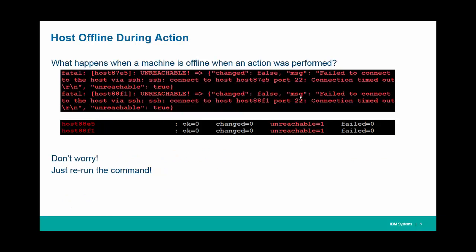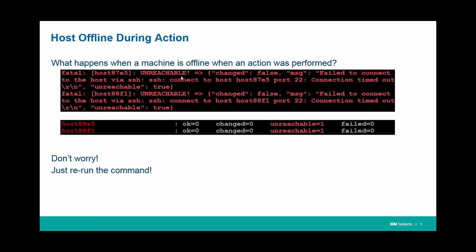Okay, so I'm going to run through different scenarios. Here's the first one that you may see. Say, for example, you have created your inventory file, and perhaps some of the machines were offline, so they weren't running at the time that you ran your playbook. You'll get an error something like this. It'll be a fatal error saying it's unreachable. That just means the machine wasn't running and I couldn't connect to it.